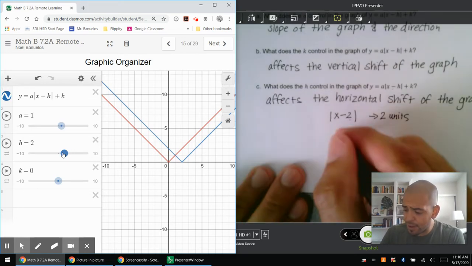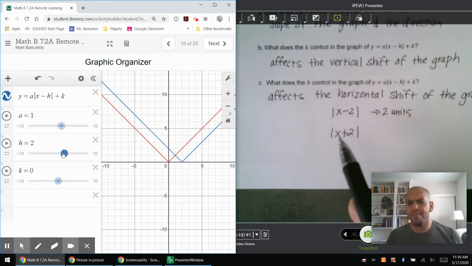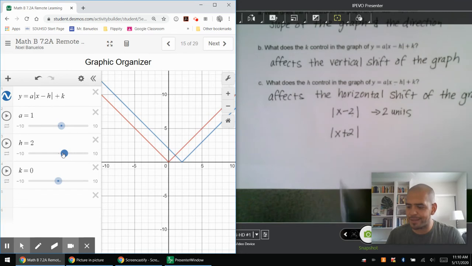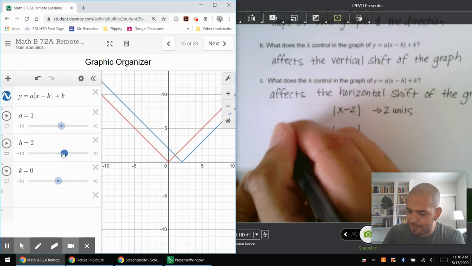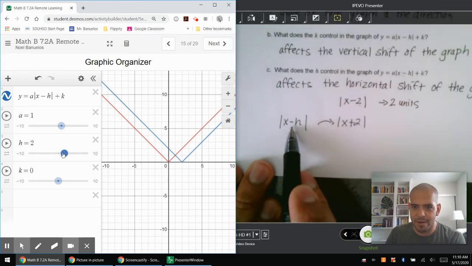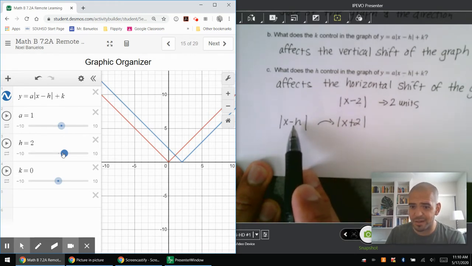Now, if you saw x plus 2, some of you were like, hey, you're adding 2. So it's shifting to the right 2. No, not quite. You have to think, okay, how did I get there from x minus h? How did I get from here when I was subtracting something to now adding 2? Because there's always subtraction here.